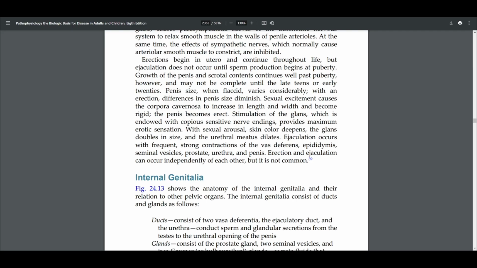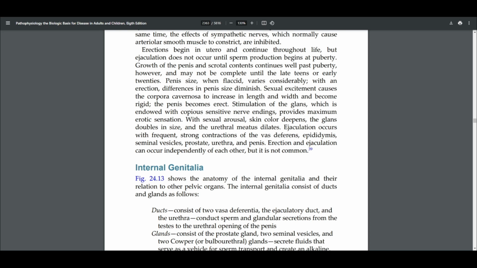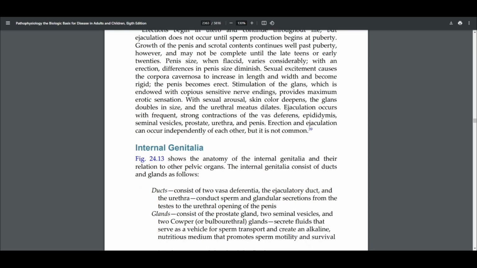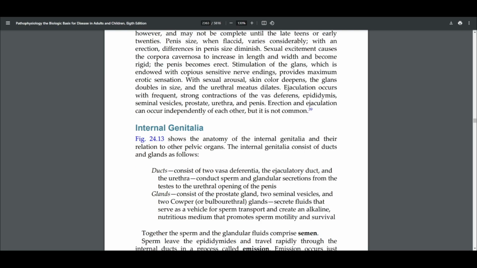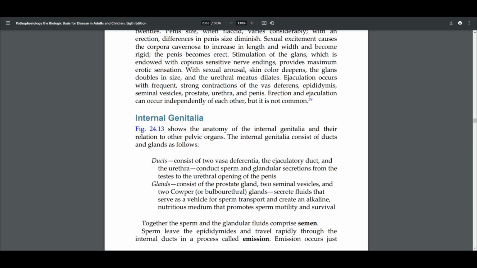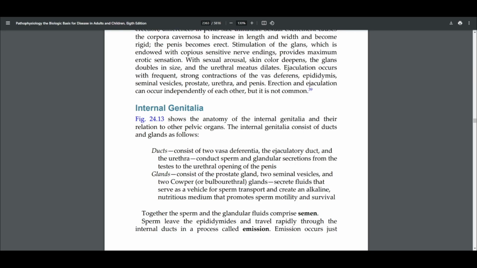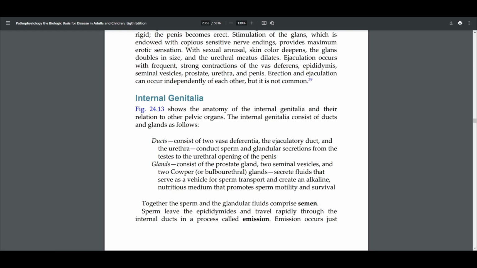The penis becomes erect. Stimulation of the glans, which is endowed with copious sensitive nerve endings, provides maximum erotic sensation. With sexual arousal, skin color deepens, the glans doubles in size, and the urethral meatus dilates. Ejaculation occurs with frequent, strong contractions of the vas deferens, epididymis, seminal vesicles, prostate, urethra, and penis. Erection and ejaculation can occur independently of each other, but it is not common.